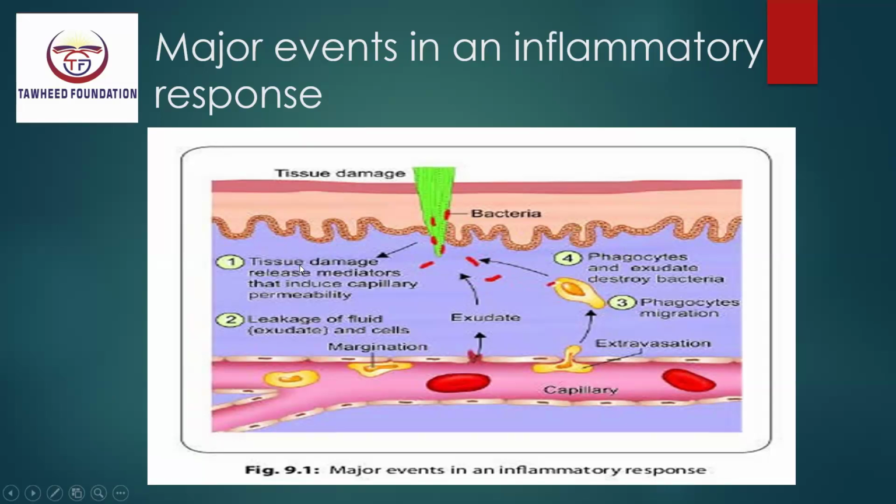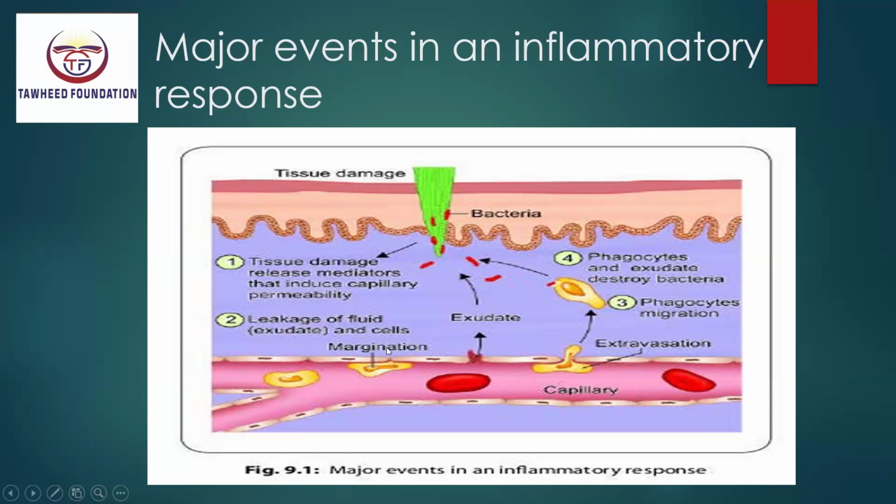When tissue is damaged, for example bacteria enter through a wound, damaged cells release chemical mediators such as histamine and cytokines. So these mediators signal nearby blood vessels to increase capillary permeability, allowing immune cells and substances to leave the blood vessels more easily.